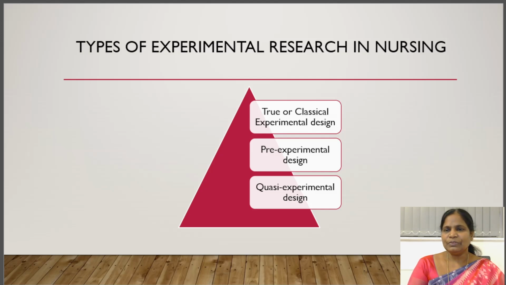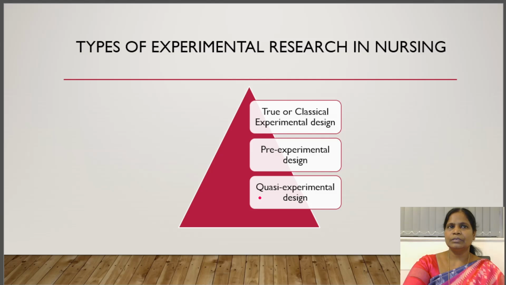If we see, we have three experimental research designs. Among that, the first one is true or classical experimental research design. We have pre-experimental research design and quasi-experimental research design. Either they come as an essay question or a 5 marks question, but every year a question comes from this.